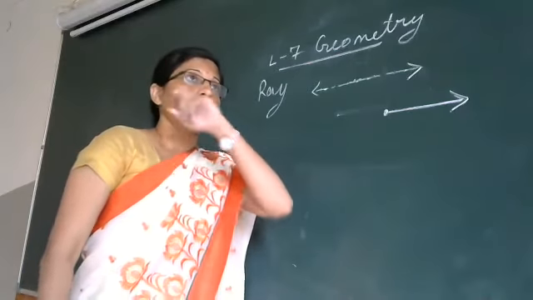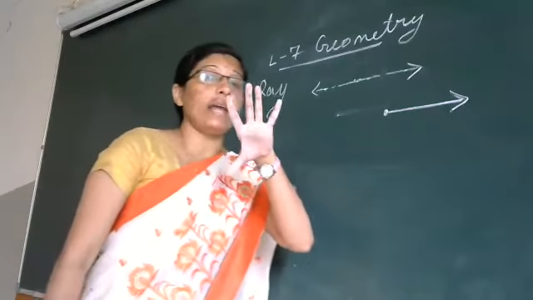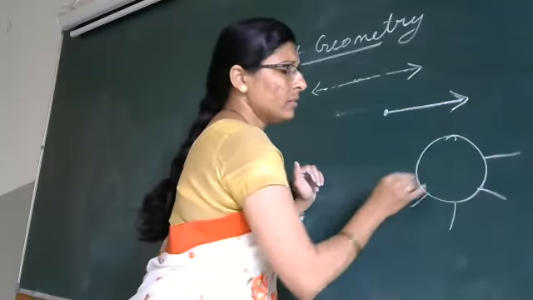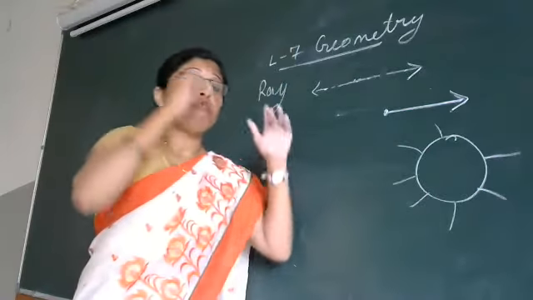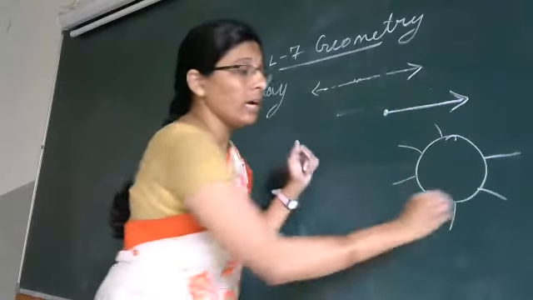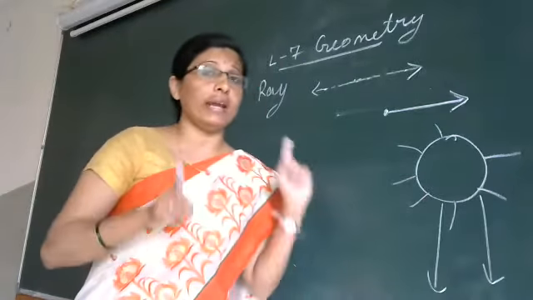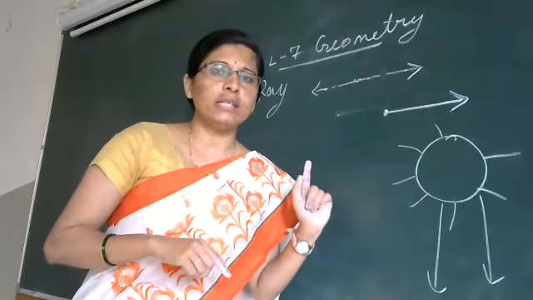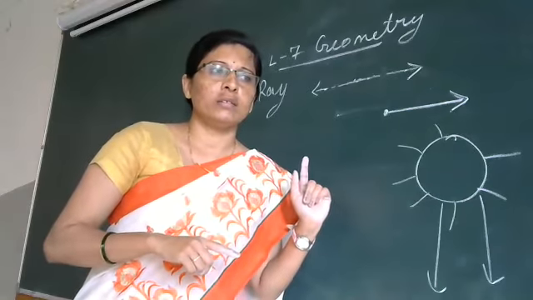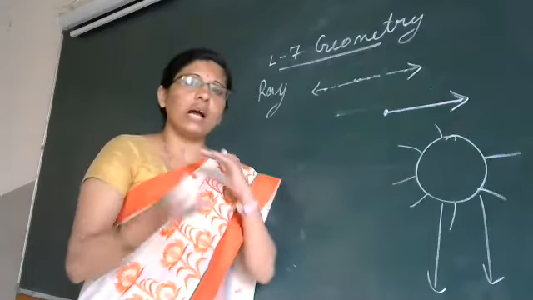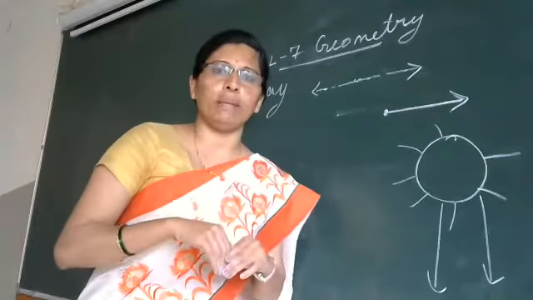Now you can see an example: sun rays. Yes, the sun has rays. From the sun the rays are coming to earth. They are going in only one direction. They are not going back to the sun again.